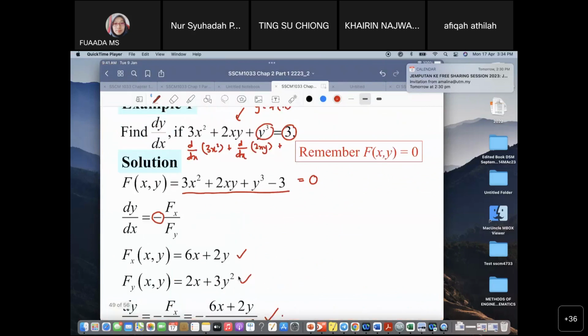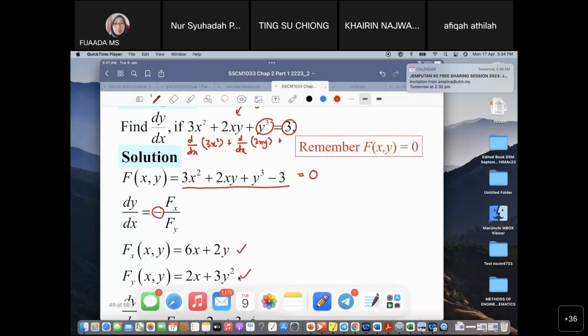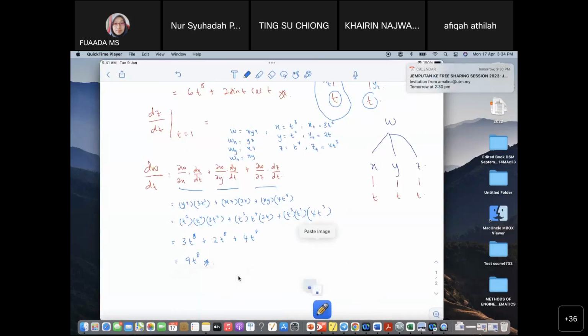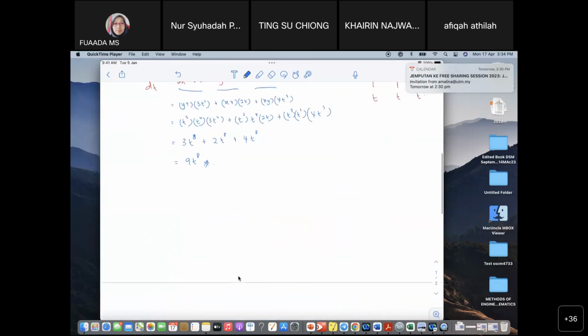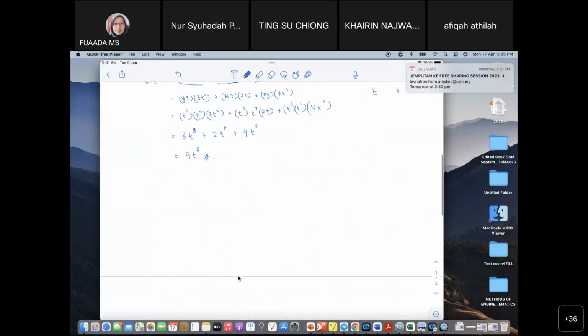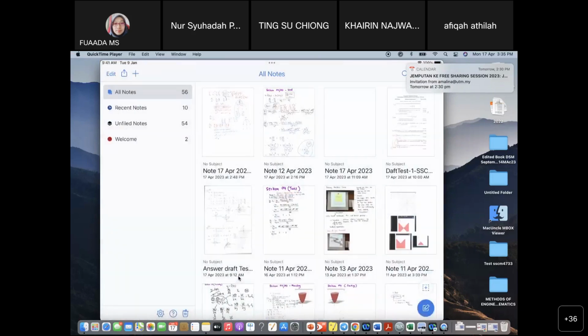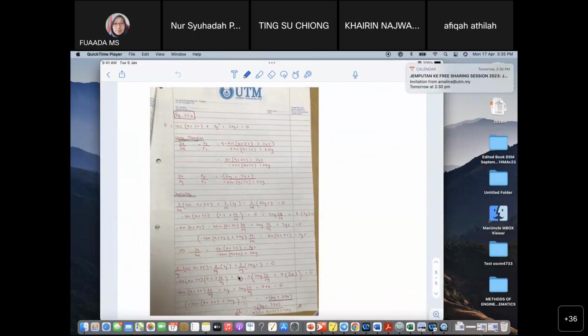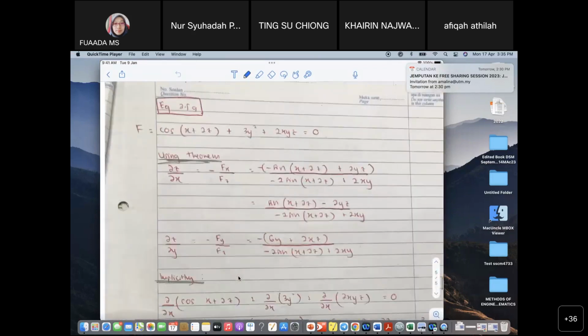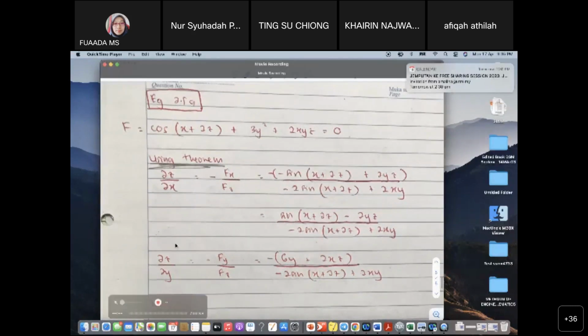Which is I think tadi saya ada snap daripada saya punya calculation lah. Saya tunjuk dekat you all. Kejap. Oh dekat sini. This one. So ini saya ambil contoh. I'm asking the student to find the partial.